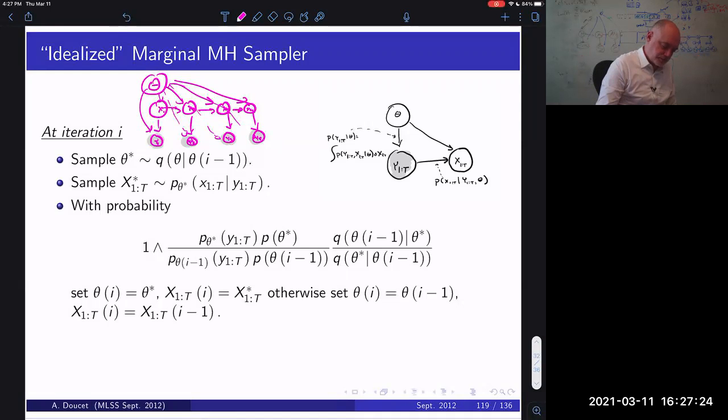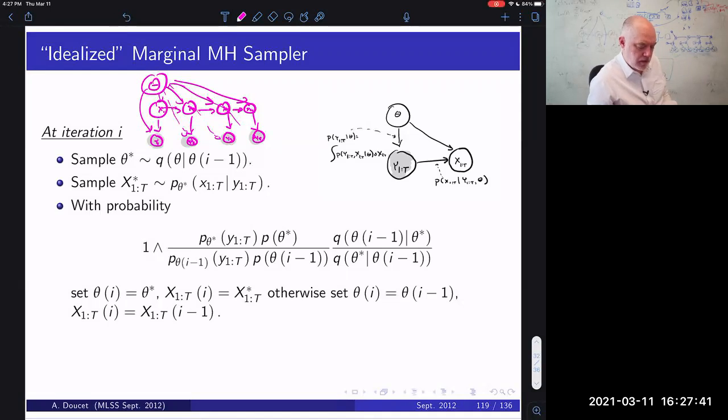So if you had a model like this, you could imagine wanting to, in fact, sample jointly from these two quantities.